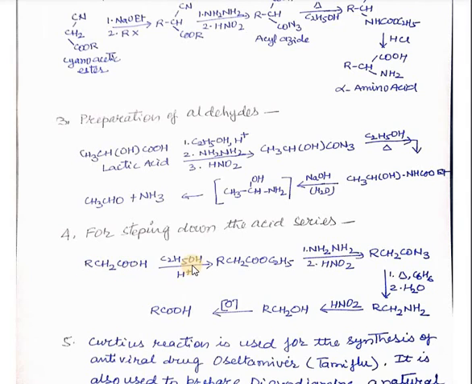When it is converted to the ester RCH2COOC2H5, and then treated with hydrazine and nitrous acid, we obtain RCH2CON3, this azide. Now this Curtius rearrangement, heated in benzene and then treated with water in the second step, we obtain amine, RCH2NH2.